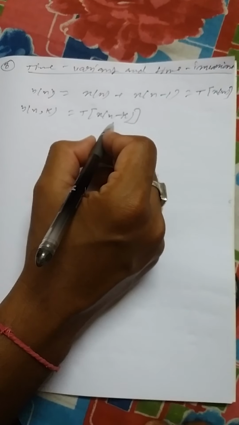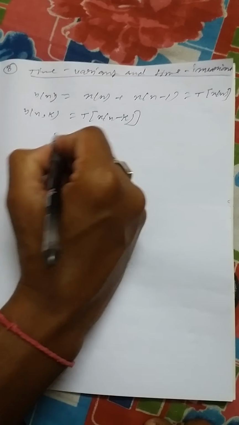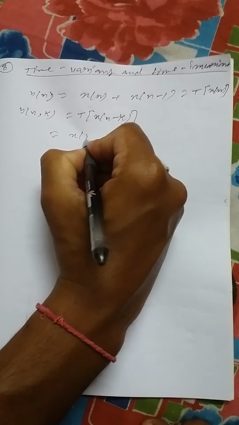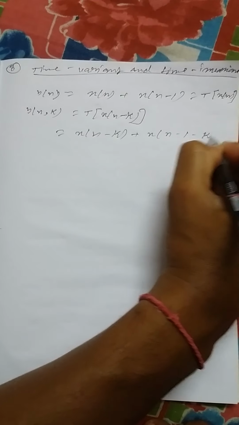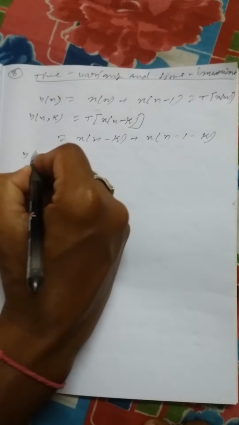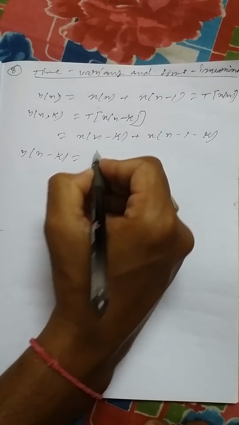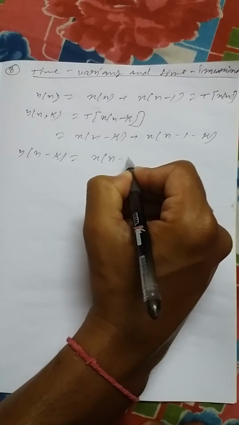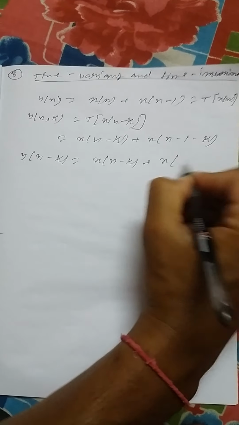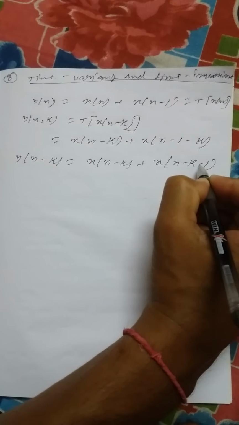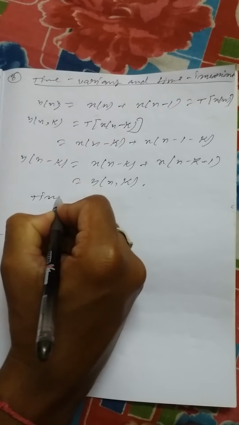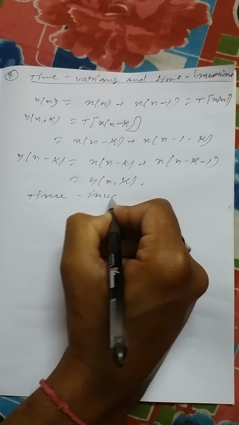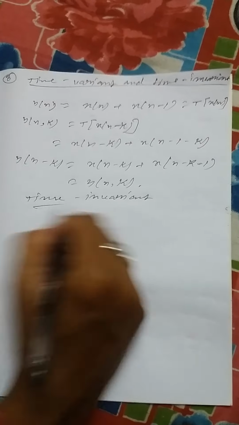So the input is delayed by k, right? So this will be equal to x[n minus k] plus x[n minus 1 minus k]. Again, if we delay the output, then y[n minus k] will be equal to x[n minus k] plus x[n minus k minus 1]. Now both are the same. Since both are the same, this system is a time invariant system. So this is time invariant.